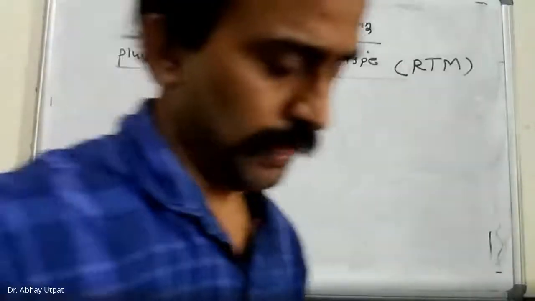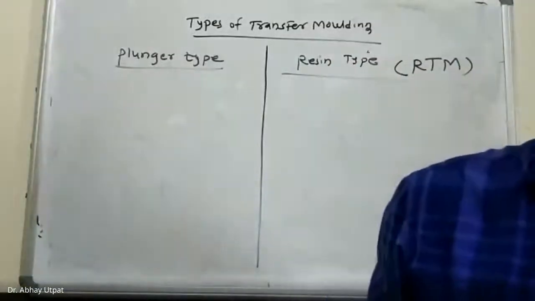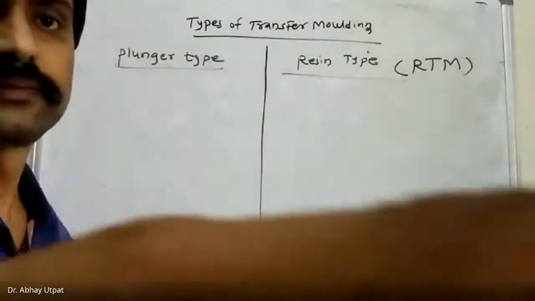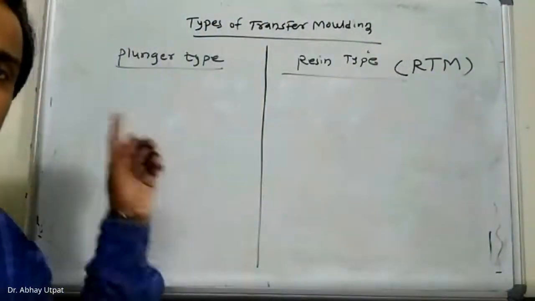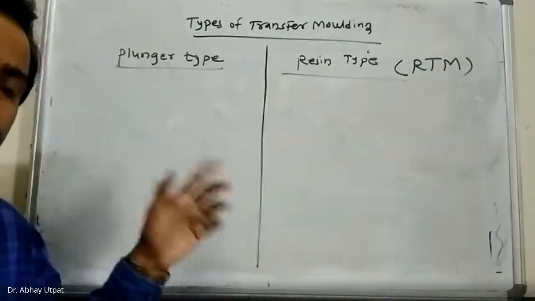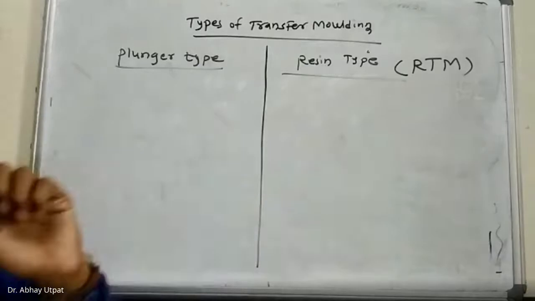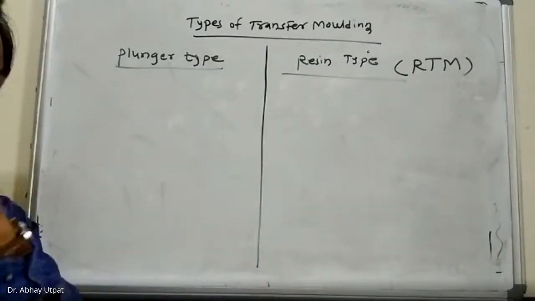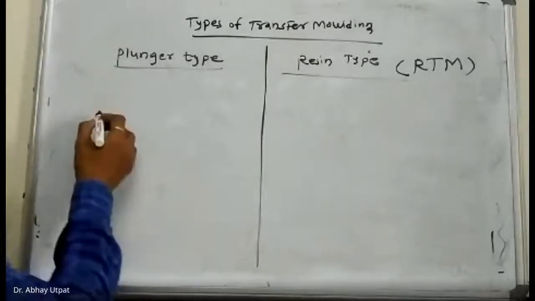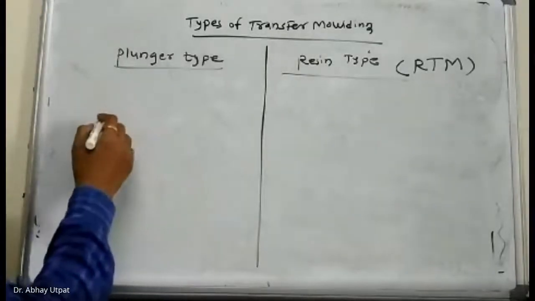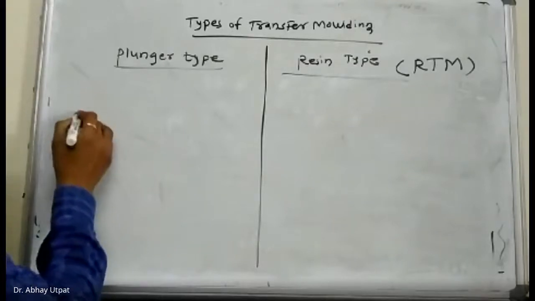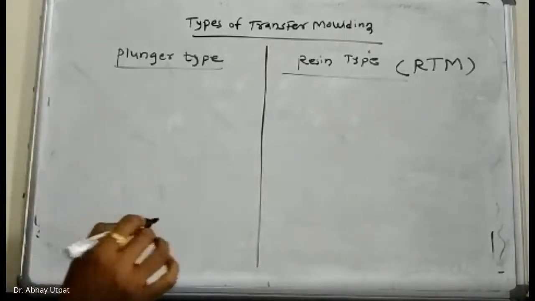So plunger type and pot type molding. Here in plunger type transfer molding, you require very high pressure, and with the help of the plunger, your plastic material is forced into the die of desired shape. So if you draw this figure, you will understand. It will be in two steps.